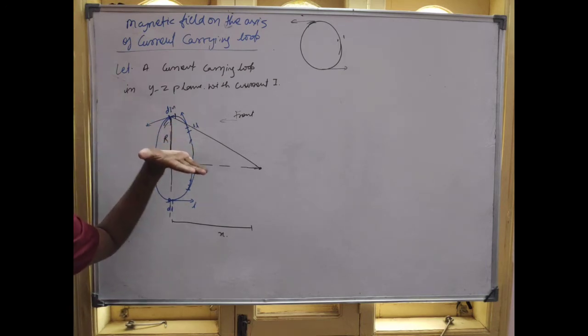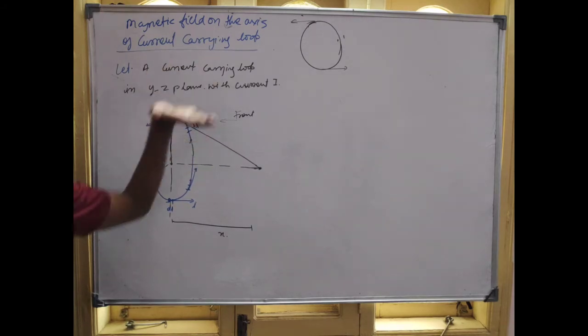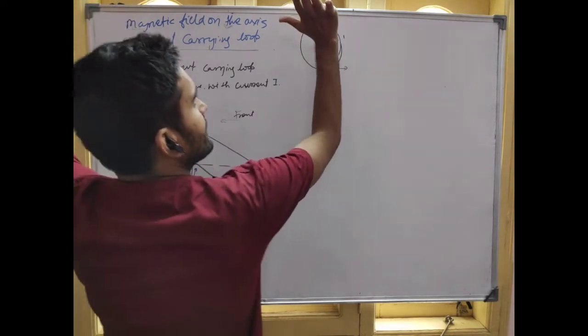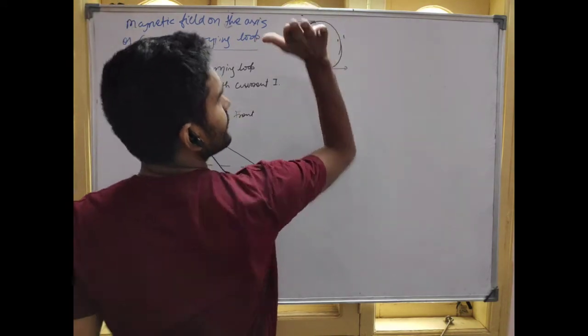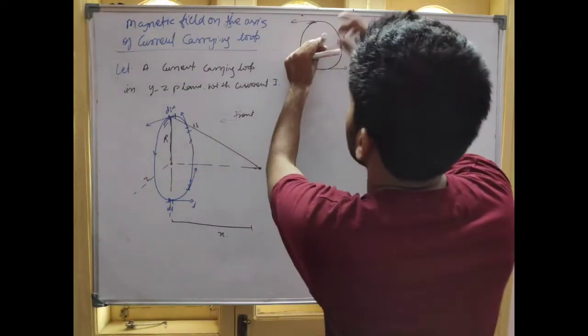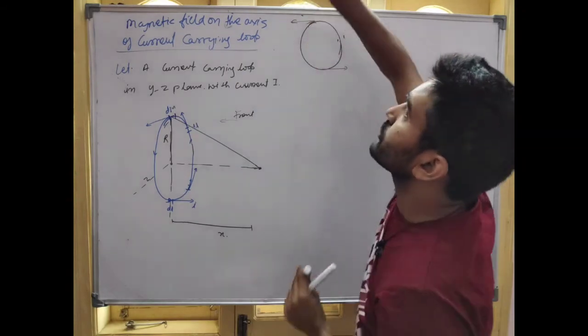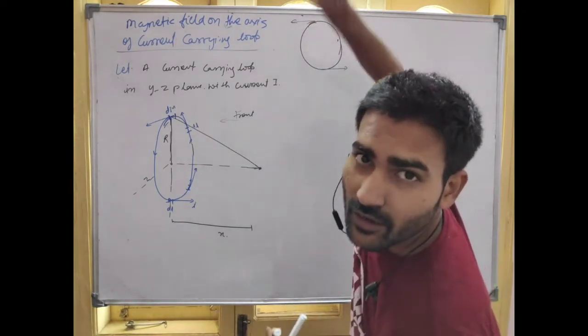This is the radius. So where is the direction of the force? Upward, like this. Yes or no? See, this is the center, this is the current direction, and the point is here. Where is the direction of the force? Upward. Are you getting my point or not?